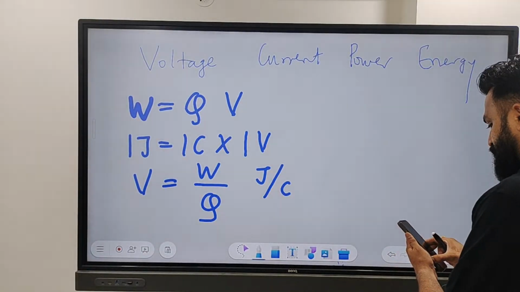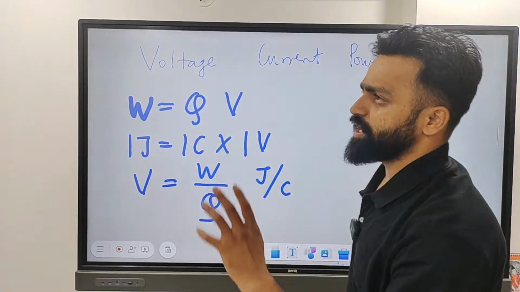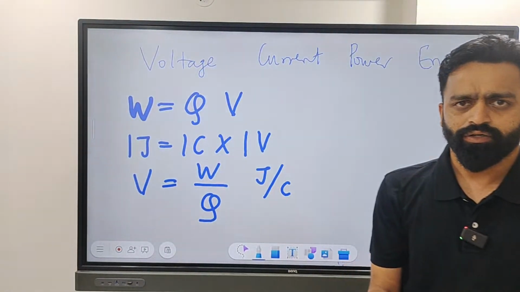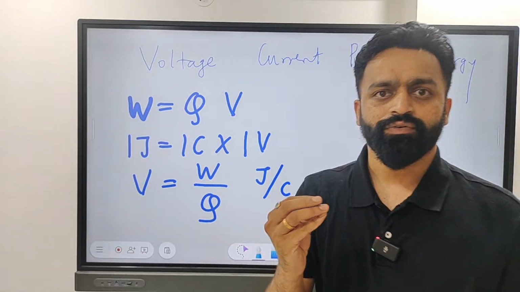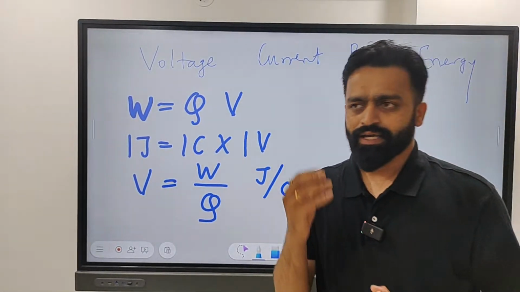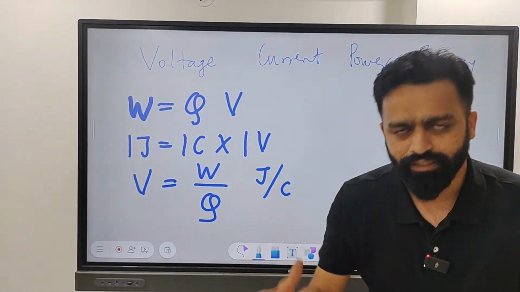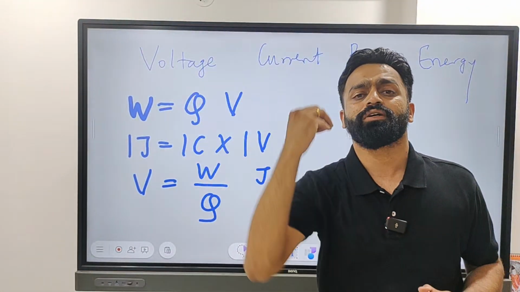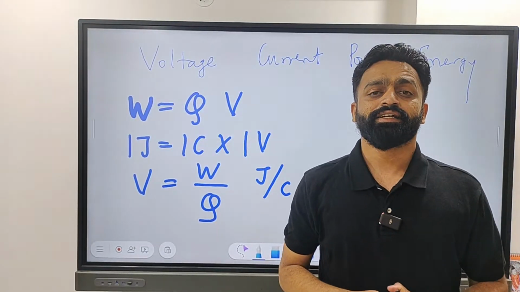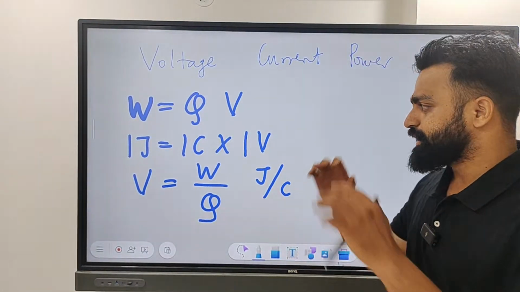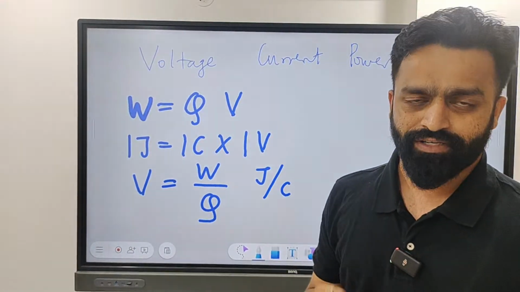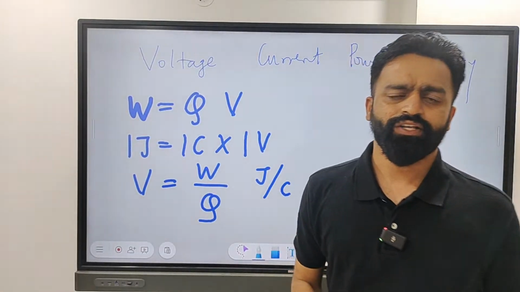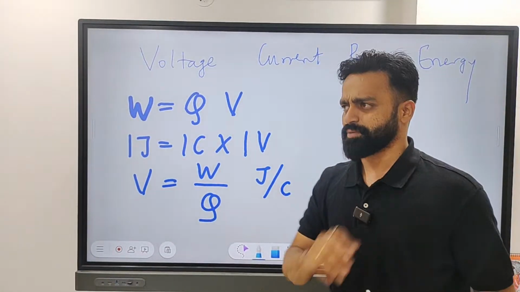Work done while bringing a unit positive charge from infinite distance to a specific point in space is defined as electrical potential. And the difference of potential between two points is called potential difference, and that is also called voltage. So voltage is work done per unit charge, simply put.